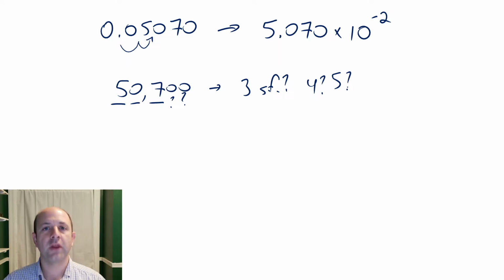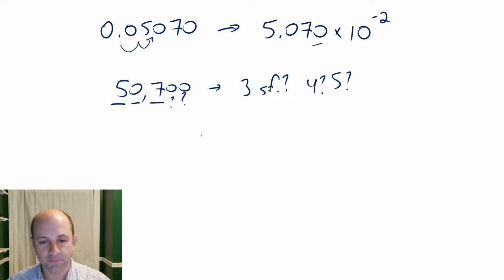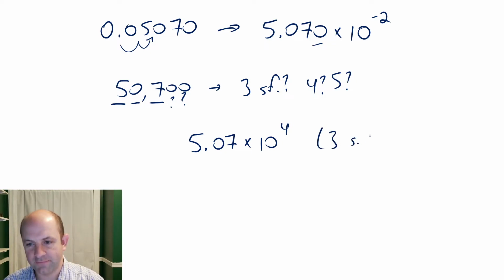How could we say? Well, here's where scientific notation is going to save the day. Because if it's significant, we include it in our scientific notation. So if it's only 3 sig figs, we would write 5.07, and we move that decimal 1, 2, 3, 4 spots, times 10 to the fourth. That's 3 sig figs. But say this 0 here in the tens place did count. 5.070 times 10 to the fourth still.